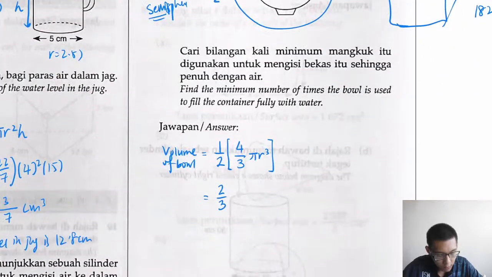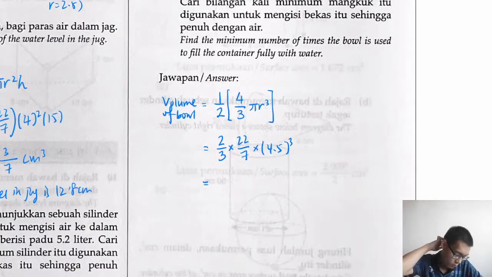The pi we use, sorry, 22/7. R is 4.5 cube.